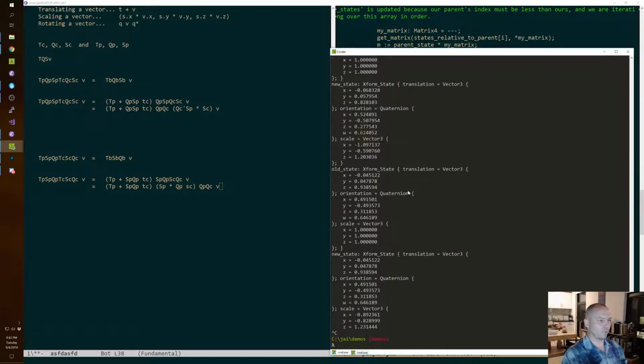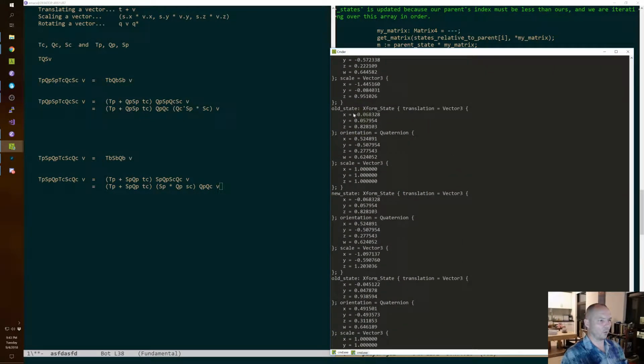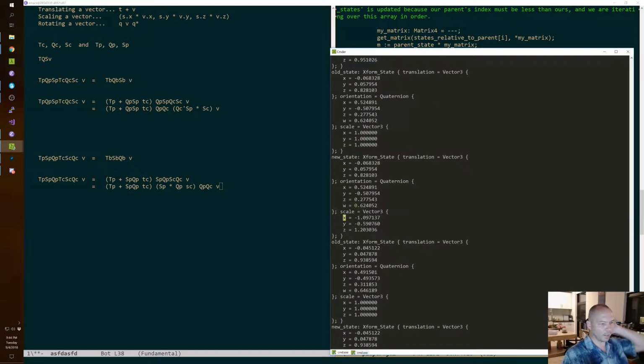All right, so old state minus 0.06, 0.05, 828.103. That's the same as new state. See that? That's good. Okay, orientation 524891 minus 507, 277.543, 624.052. Scale is wrong. Old state scale 1 1 1, new state scale blah.